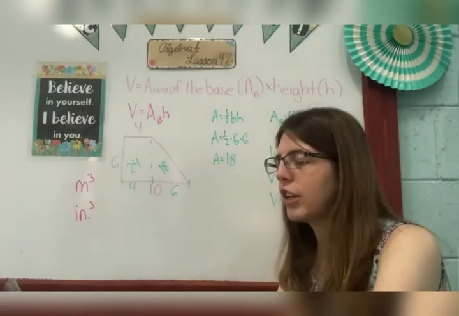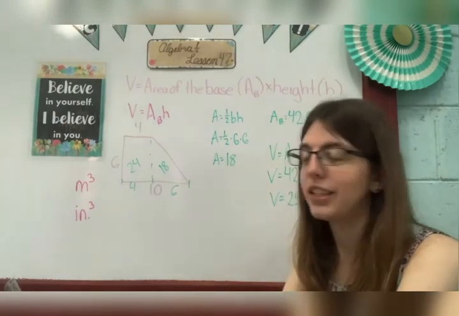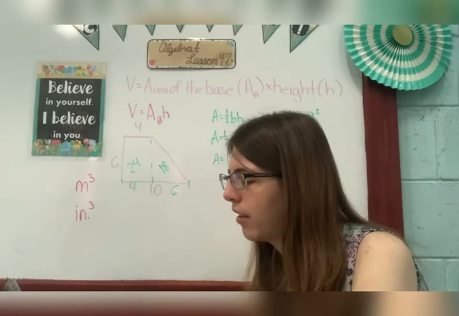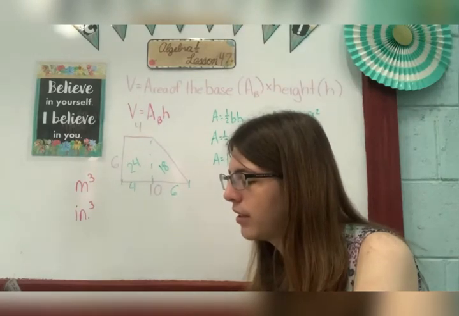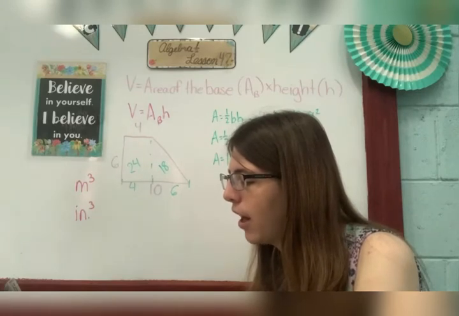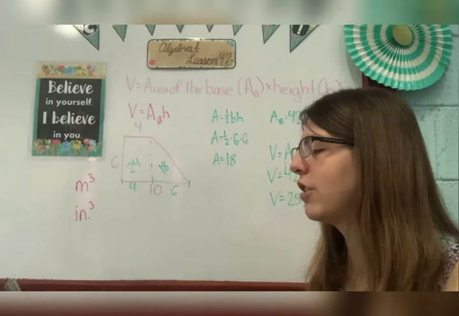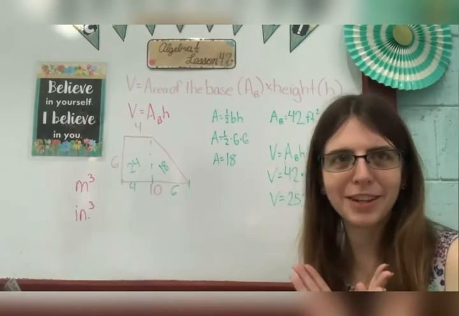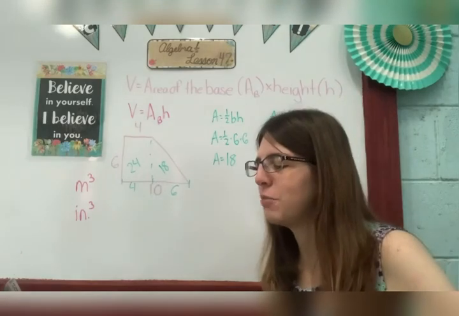Your total area should be 36. I accidentally did 26. So that changes the answer. 36 times 12. Okay, so it's 432 meters cubed. Hopefully I did that right because I was doing that fast. Sorry about that. 432 meters cubed.